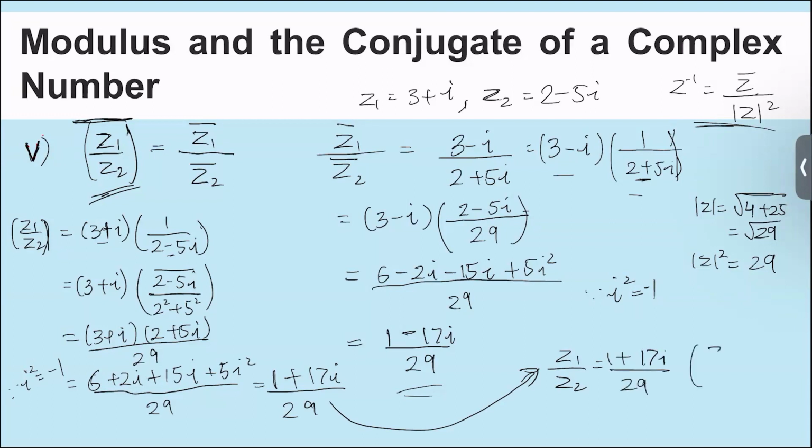So now if you have to find the conjugate of the entire result, you get 1 minus 17i upon 29. So you can see this is equal to the answer that we got from here. So you can see that this relation also holds good in terms of finding the conjugate of two complex numbers divided.